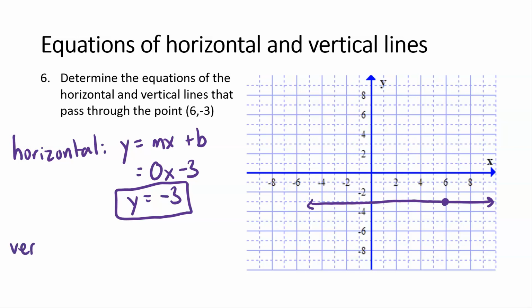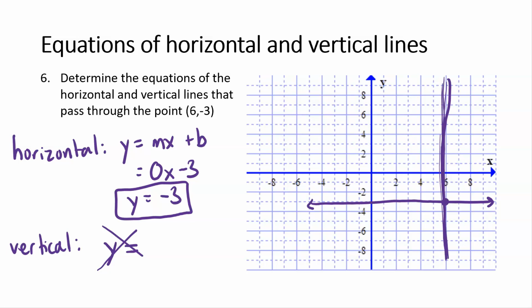As far as the vertical line that passes through this point, it passes at x equals 6, and the slope is undefined, so we can't write that mx part. There is no y-intercept, so vertical lines don't have an equation that says y equals. But you can see that the vertical line always has a value of x equals 6, right?